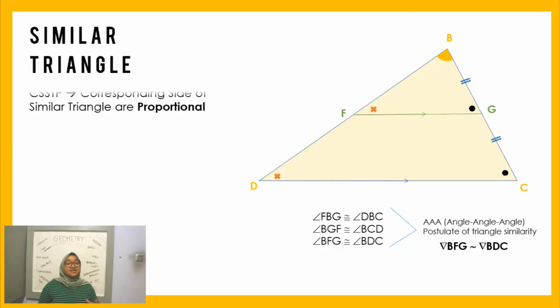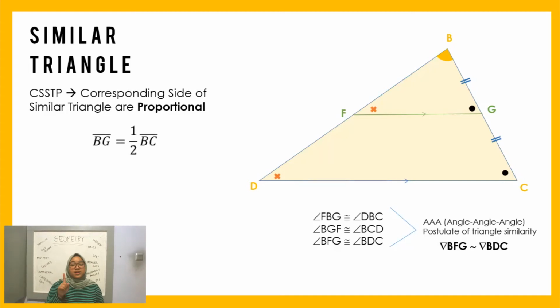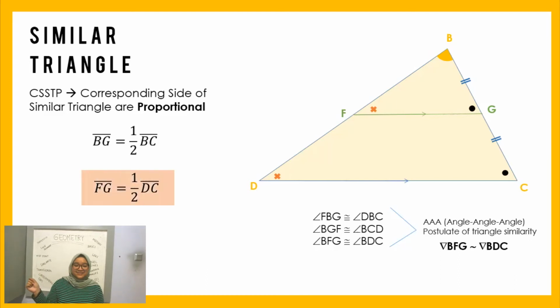Yes, the sides of similar triangles are proportional to each other. So if BG equals 1/2 of BC, as we know because the midpoint applies, we also know that FG is half of DC, right? This equation is actually what we need at the end of the session. So we will save it, okay?